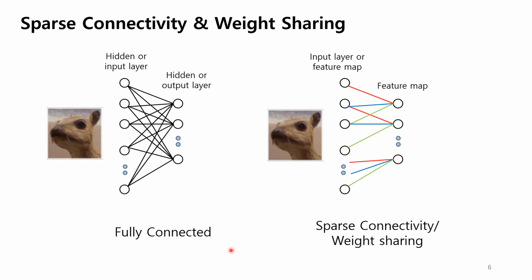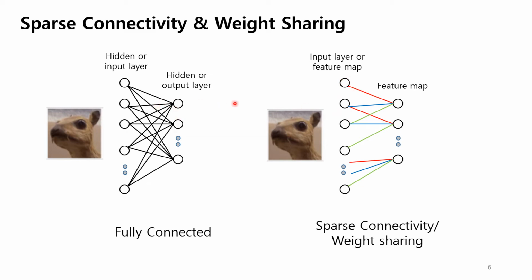And the way we connect nodes in a CNN is different. As I explained earlier, in a CNN feature map, suppose this is the input image, and this is one single feature map. One node in this feature map is connected to a small portion of the input.